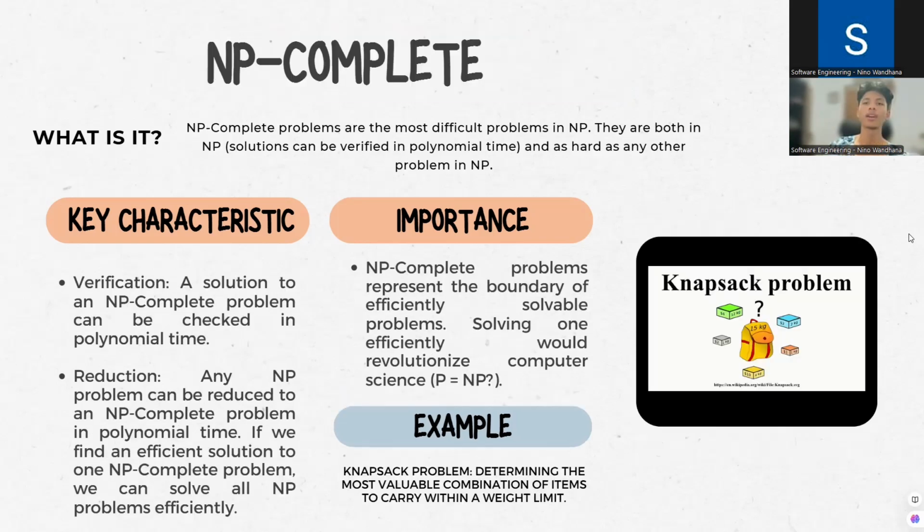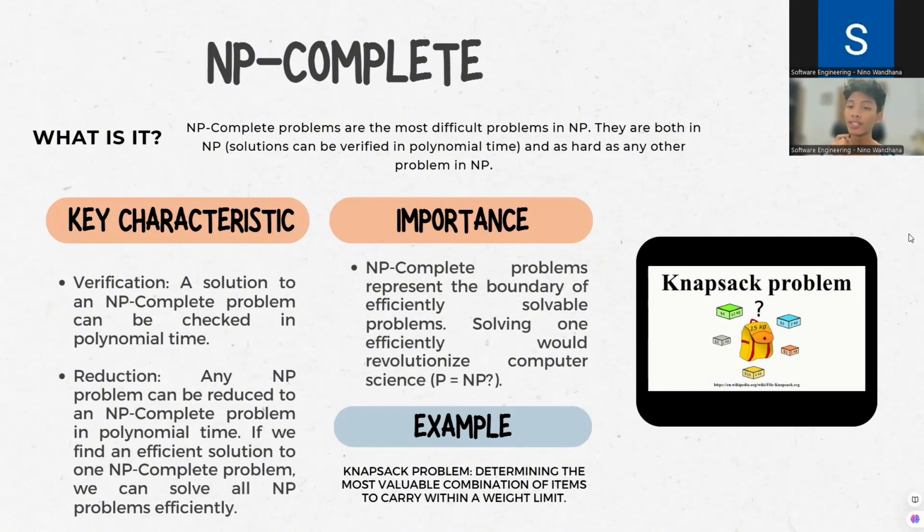Now, let's talk about NP-complete problems. It's a special subset of the NP problems. A problem in NP is called NP-complete if every other problem in NP can be transformed or reduced to it in polynomial time.